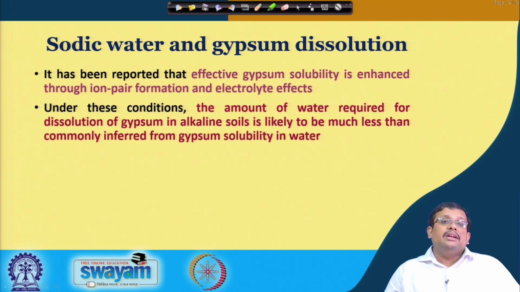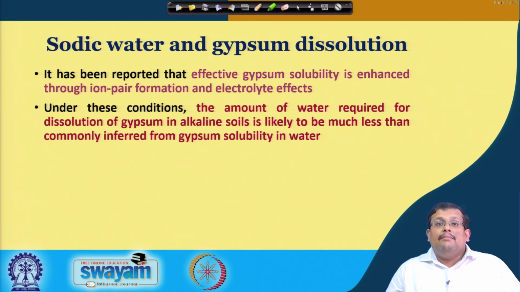It has been reported that effective gypsum solubility is enhanced through ion pair formation and electrolyte effects. Under these conditions, the amount of water required for dissolution of gypsum in alkaline soil is likely to be much less than commonly inferred from gypsum solubility in water.